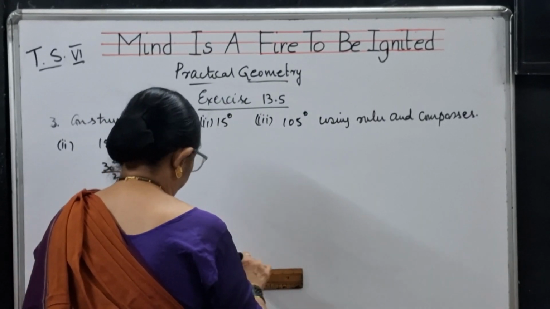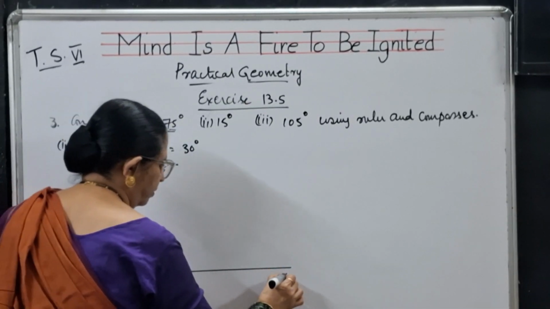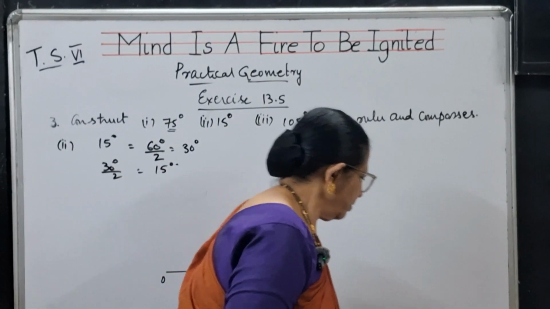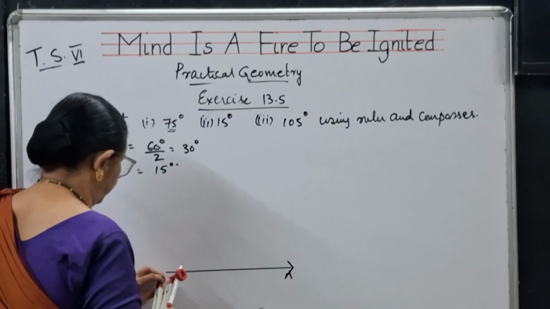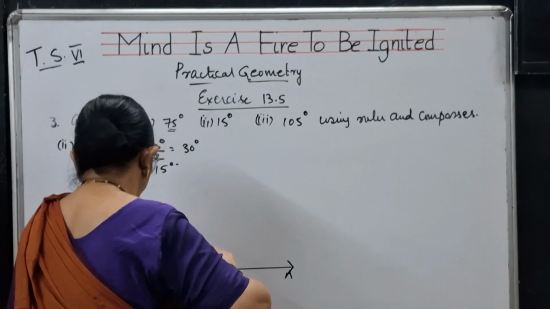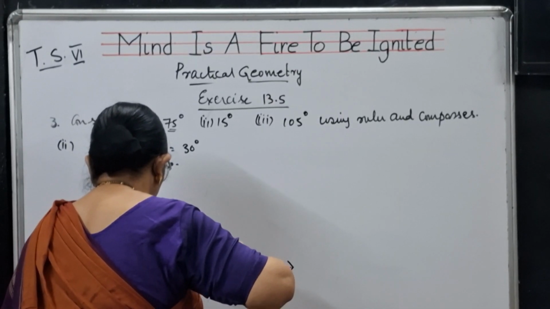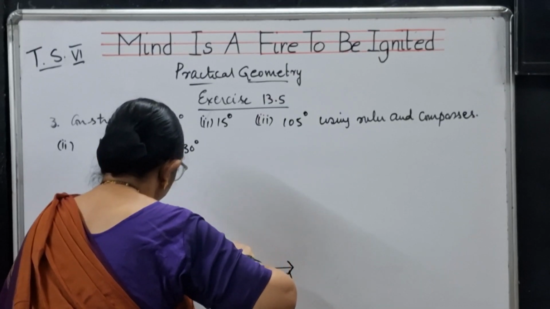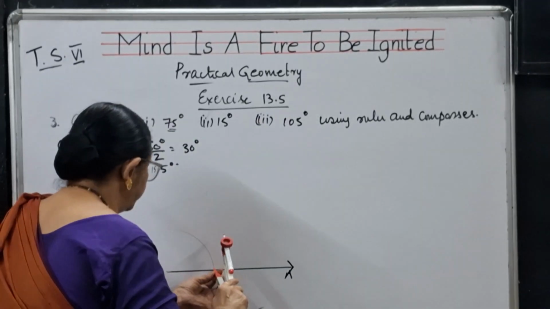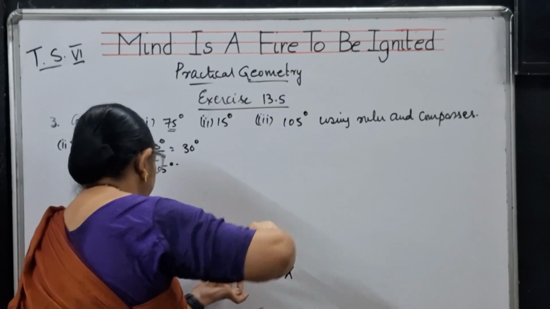So first, let us draw OA, then 60 degrees we have to draw. So O as a center with some radius, we have to draw an arc, and without disturbing this, this point as center, another arc.